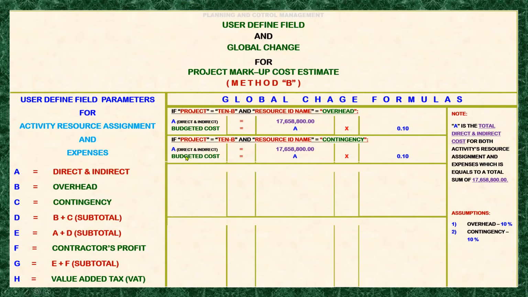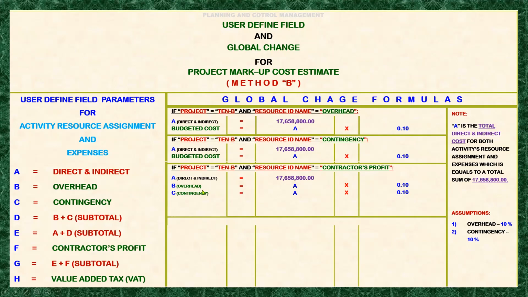Okay, so we'll go forward to the contractor's profit. In the contractor's profit, you can see here our filtering is the project, which is still the same, tender B, with the resource ID name contractor's profit. In calculating contractor's profit, we need the direct and indirect cost. I mean, the basis is still the same, but we need to include the overhead and the contingency.